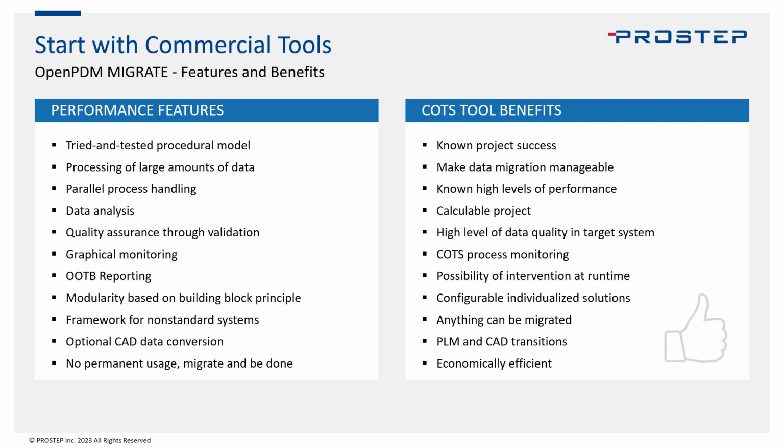Also, with the commercial off-the-shelf tool, you have something that's known to be successful, and you have a known commodity to performance, to what the expectation of a migration might look like. And you can easily then leverage that in order to be able to calculate project durations, make sure you have the right architecture and process procedures, things like that.